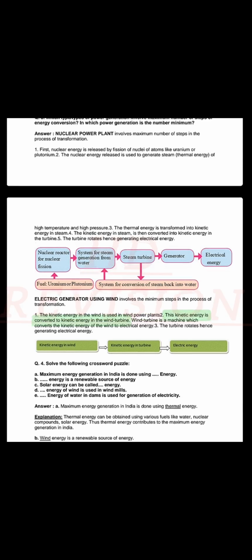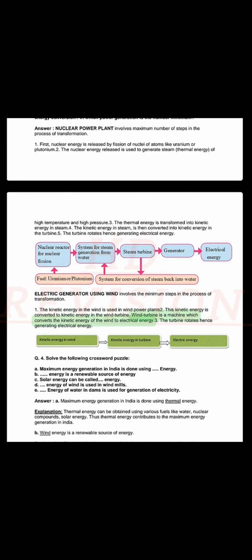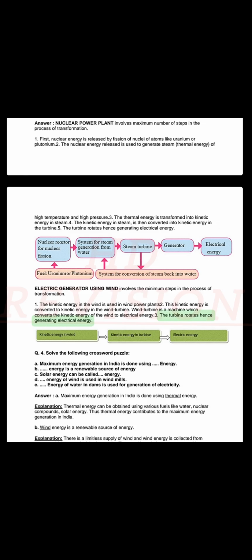The kinetic energy in the wind is used in wind power plants. 2. Thus kinetic energy is converted to kinetic energy in the wind turbine. Wind turbine is a machine which converts the kinetic energy of the wind to electrical energy. 3. The turbine rotates, hence generating electrical energy.